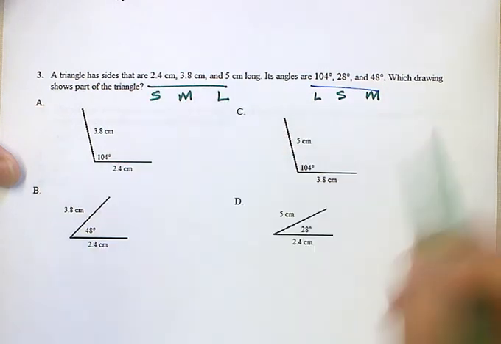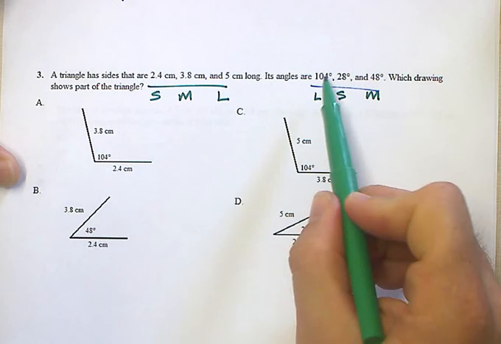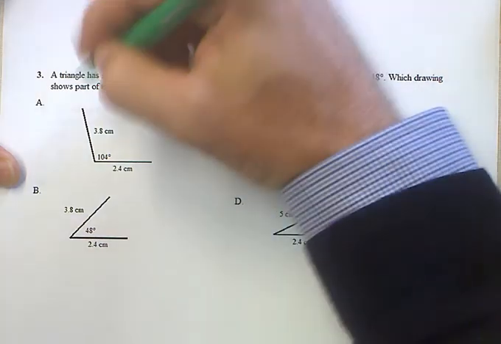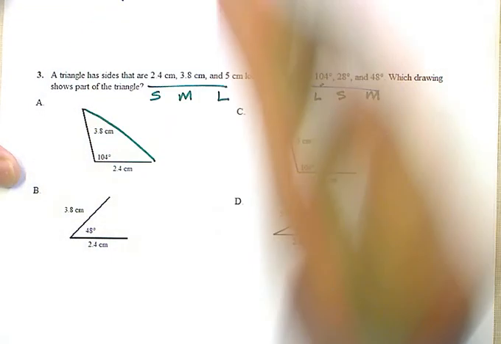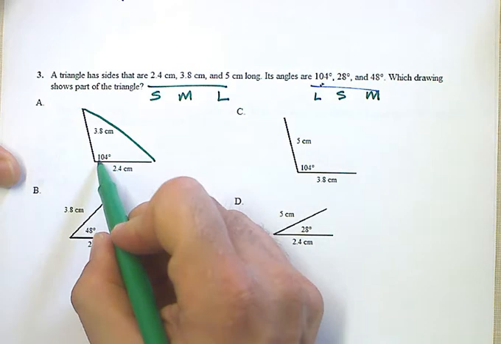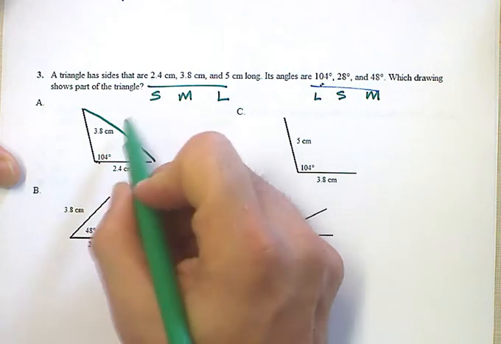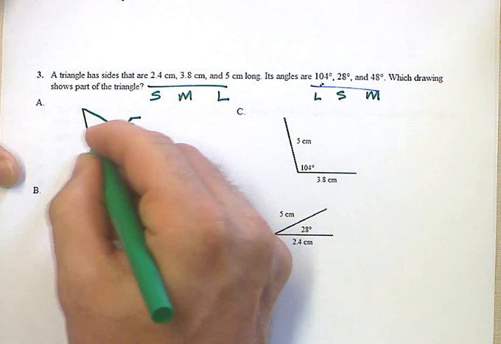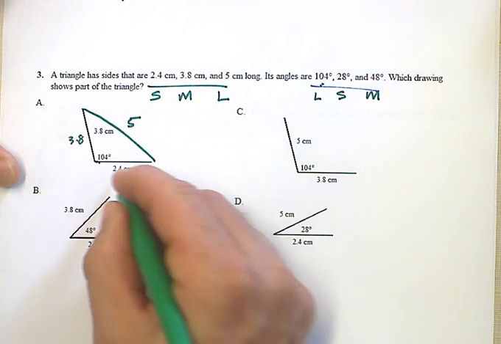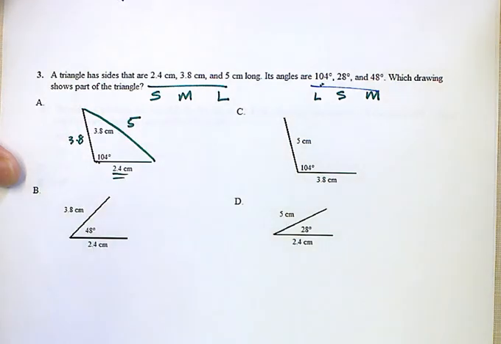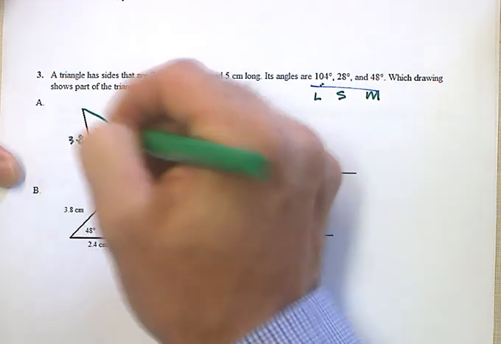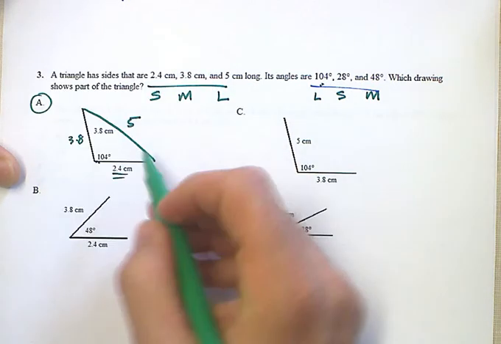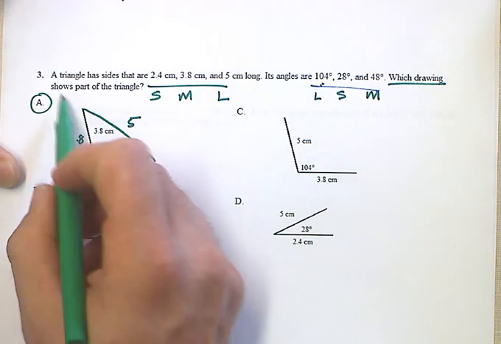Meaning that if this is my large angle, the side opposite, for instance, this 104, this is my large angle, the side opposite needs to be my 5. Now, since they're telling me that this side is 3.8 and this side is 2.4, okay, this answer A actually does show me which drawing shows parts of the triangle.